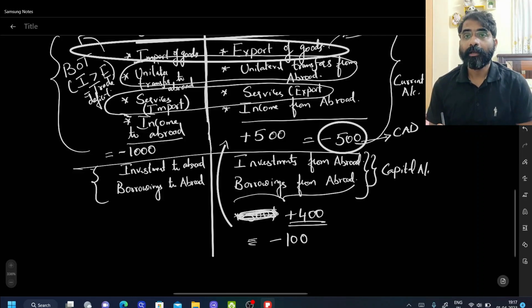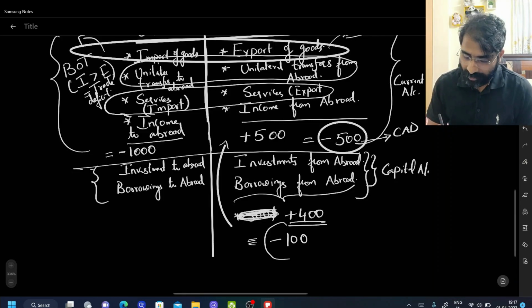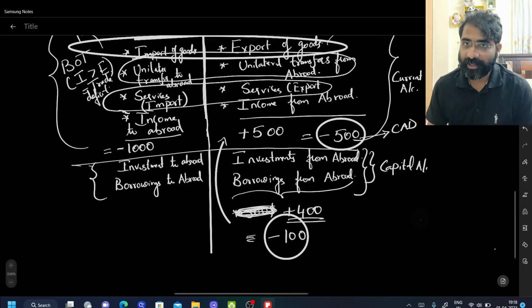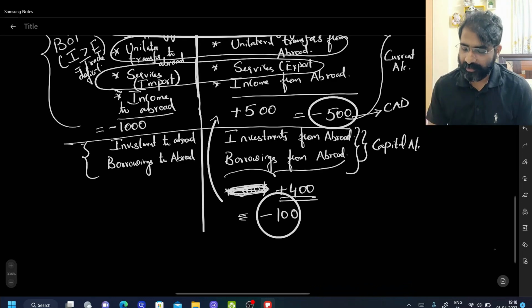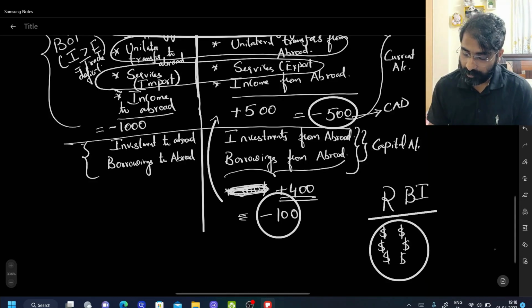What is the option? Capital account is also over, and in the capital account there is a deficit. Then we have the RBI reserve. Very important. RBI is the custodian of Forex, so RBI has a Forex reserve, and from this Forex reserve we will try to pull out money.